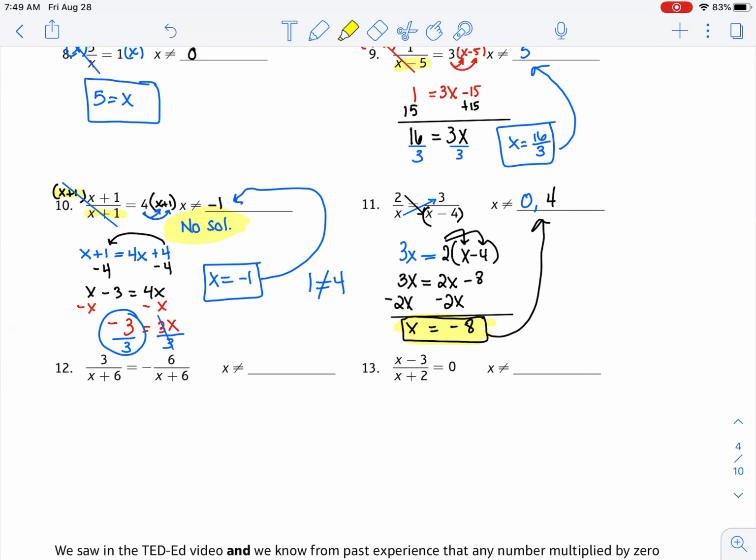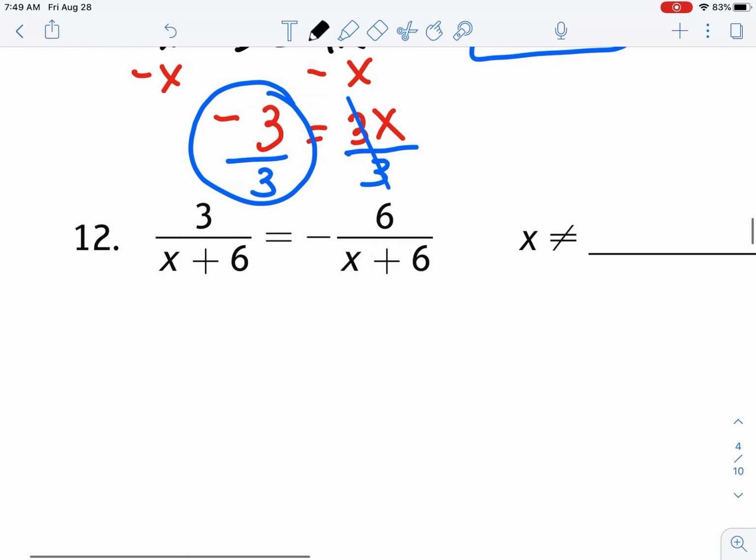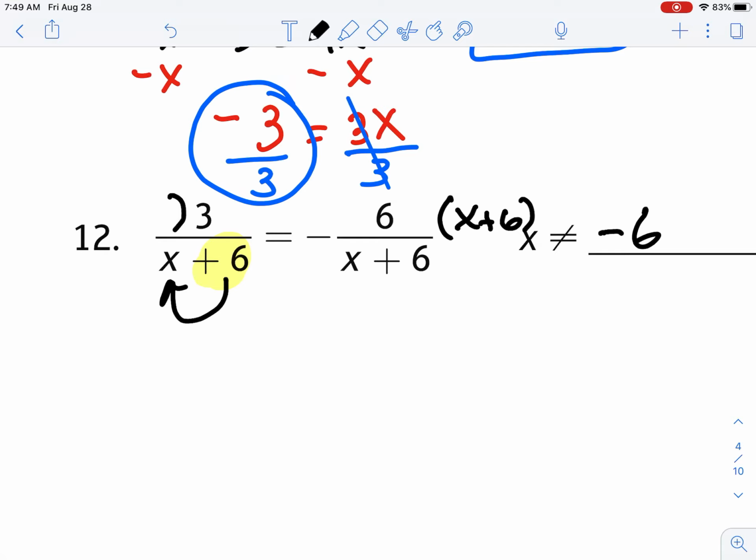All right, last two over here. So again, we have same denominators, different numerators. Remember what that led to. Okay, so first off, excluded value, the opposite of a positive 6 is a negative 6, okay? They're the same denominator, so we don't have to write it twice. Now, I'm going to multiply both sides by x plus 6 to clear the fraction.